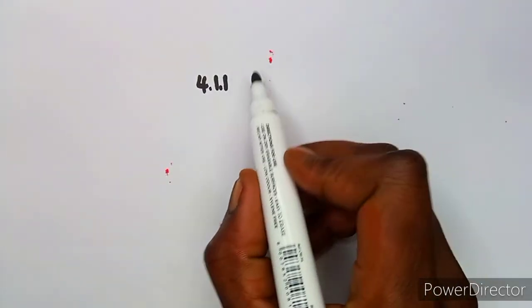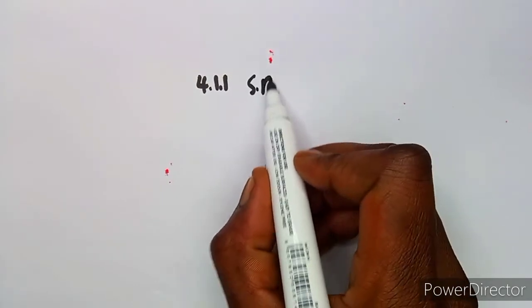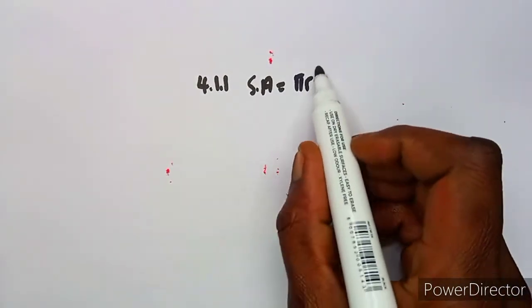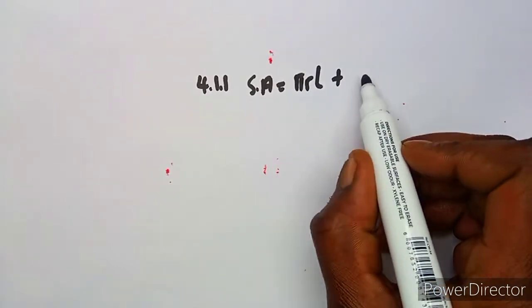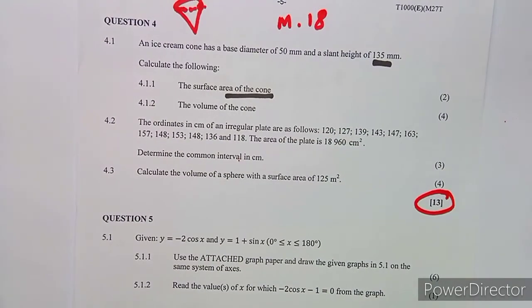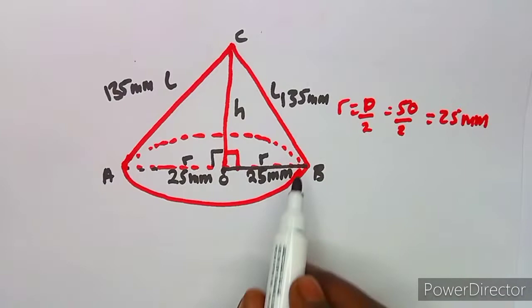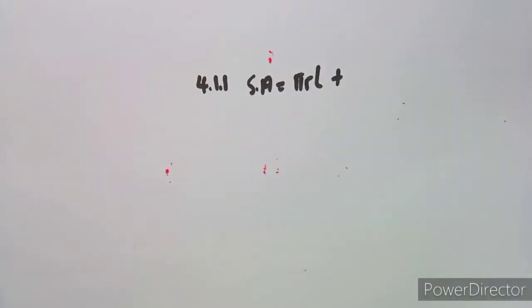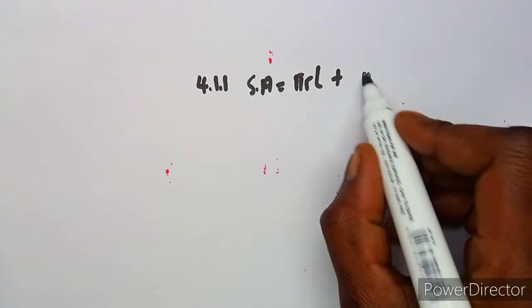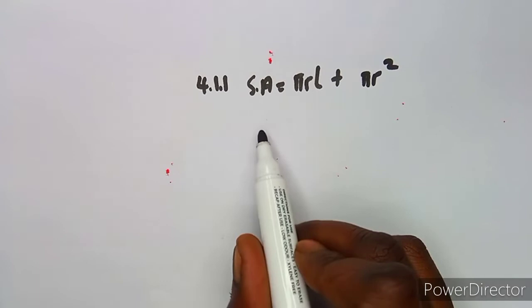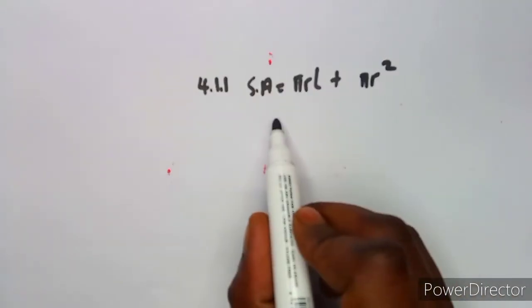So let's just write the surface area, which is equal to pi r L plus, that's going to be pi r squared because this is area. So the pi r L is for this, and we are left with this circle here. So the circle is pi r squared. Okay, but this formula is there in your formula sheet. Don't worry about this.